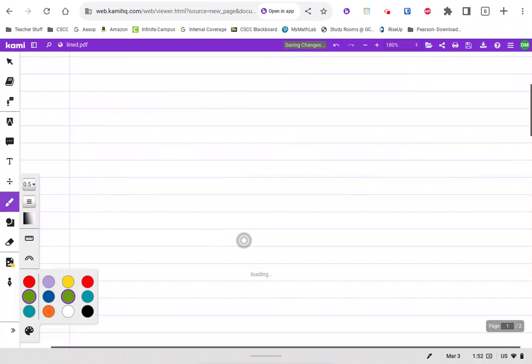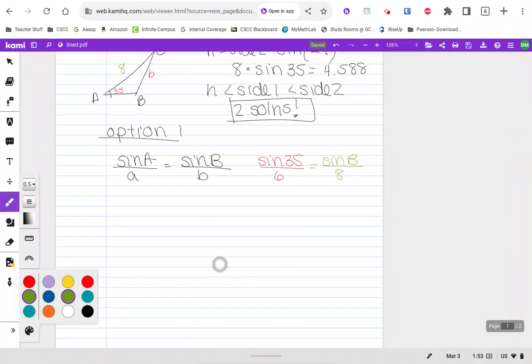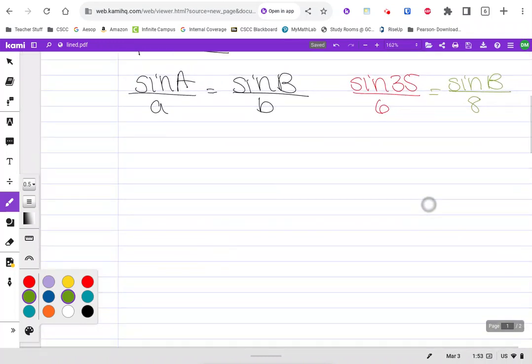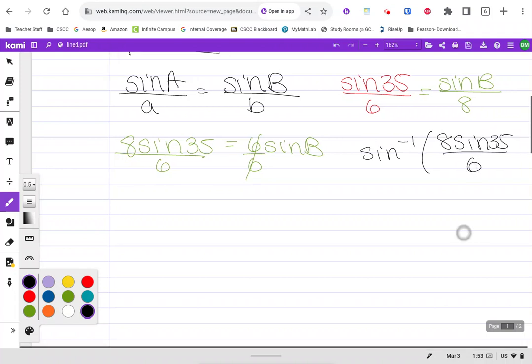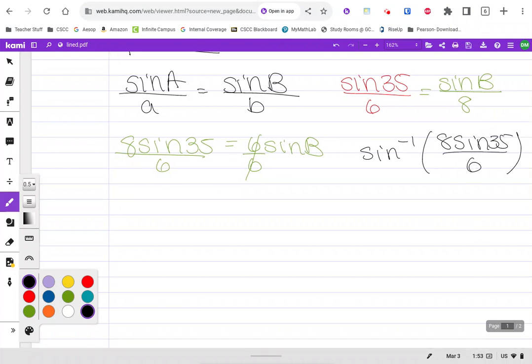I'm going to start cross multiplying. So I've got 8 sine 35 equals 6 times sine of B. Divide by 6, that cancels. So I have sine inverse of 8 sine of 35 over 6, and this is going to equal angle B. So I end up getting angle B equals 49.9 degrees. Cool.